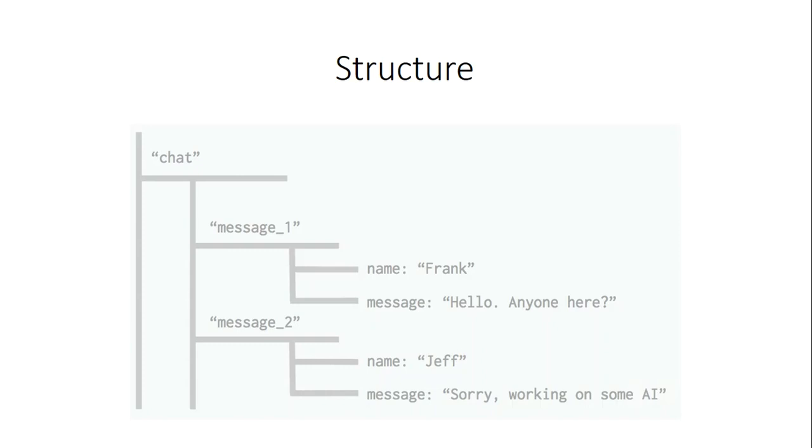That's how the structure works in Firebase Realtime Database, and this structure is JSON. This is how JSON looks. It works on key-value pairs. Keys are name and message, and the values on the right side are Frank, "hello anyone here", and the second one Jeff and "sorry, working on some AI".